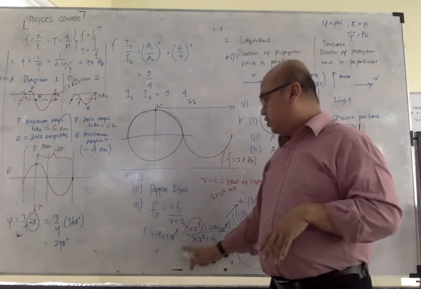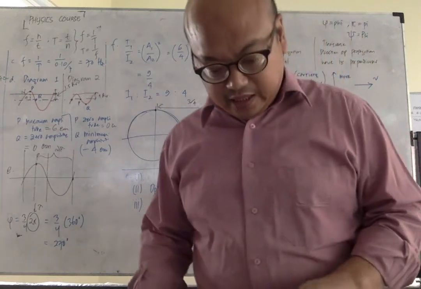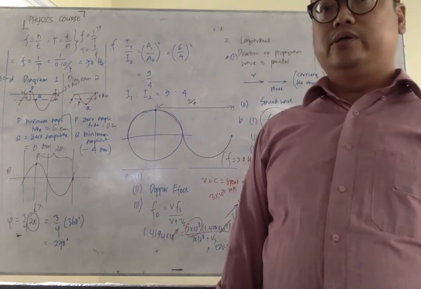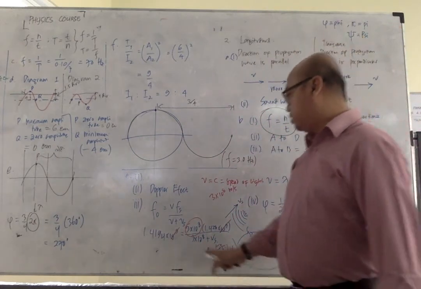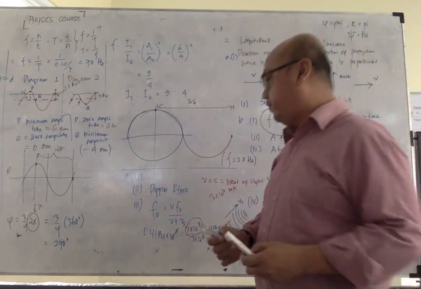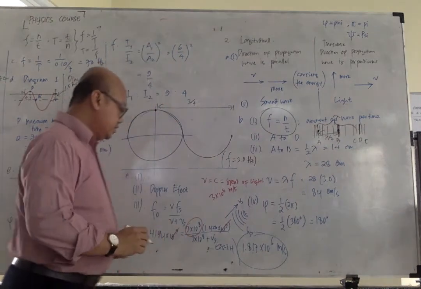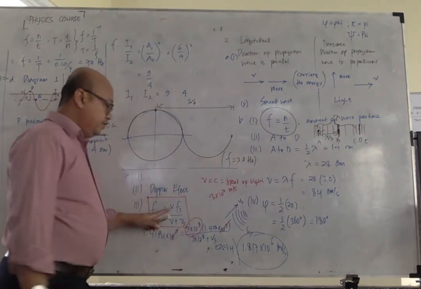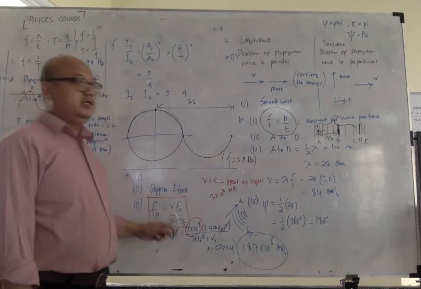Okay, now the calculation. Calculate the velocity of the hydrogen cloud relative to the Earth. This is actually the Doppler effect concept, with the observed frequency.